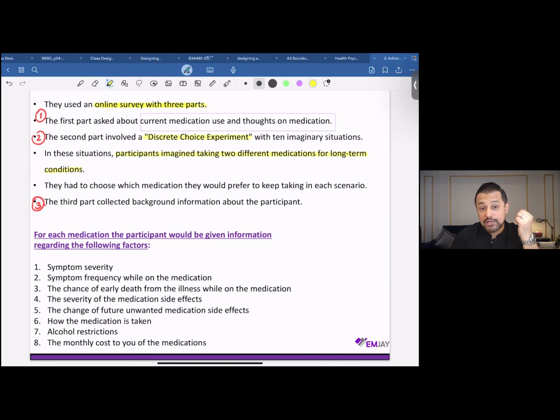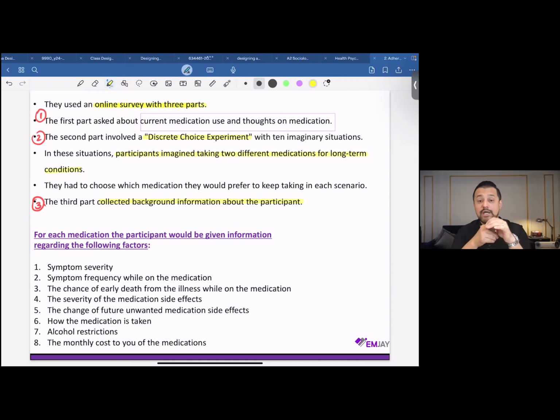There were 10 hypothetical conditions, and the participants were asked to imagine taking two different medications for long term conditions, and amongst those two medications, which medicine they would prefer taking. Now the third part collected background information about the participants, that is demographic details maybe.